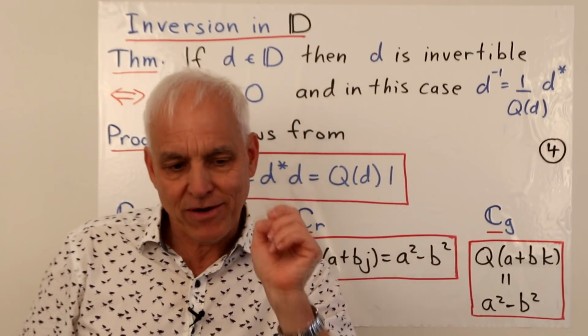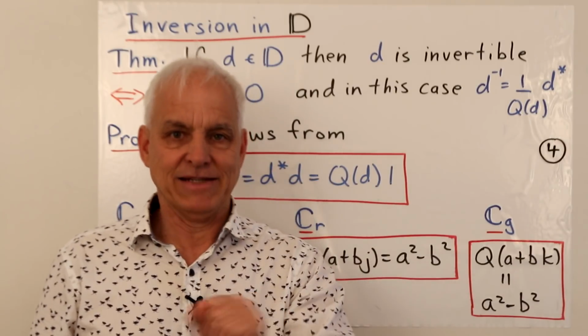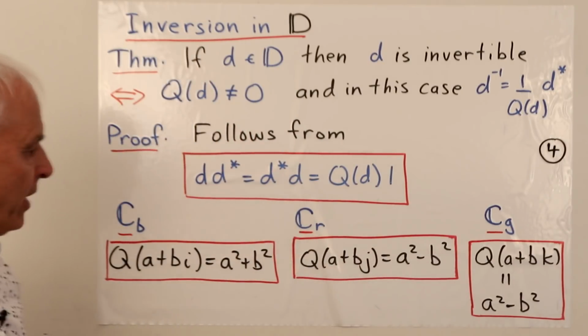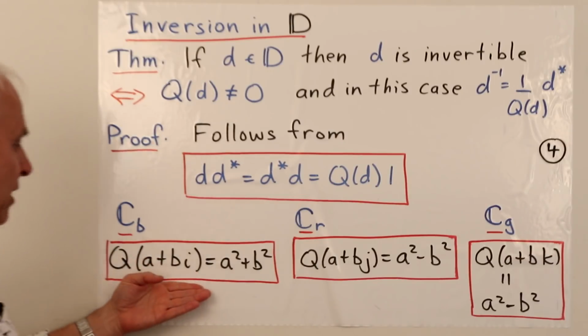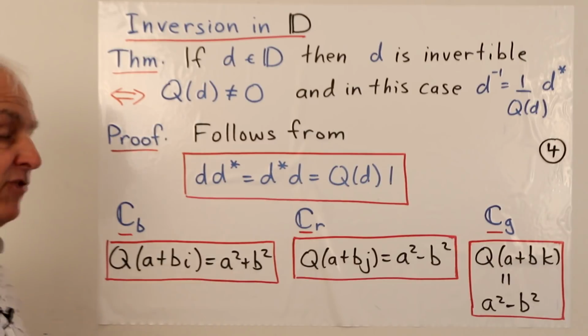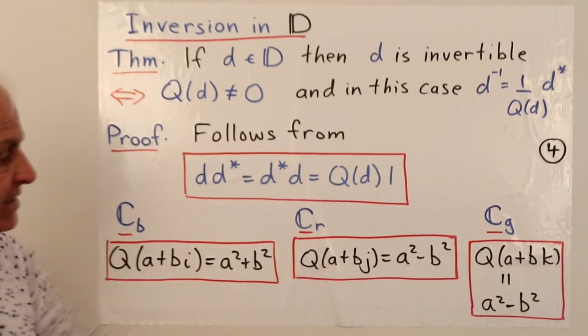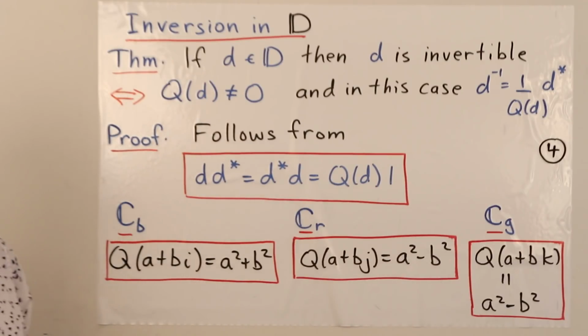So it's not critical that the thing be 0 or not. The critical thing is whether the quadrants of that thing is 0 or not. So what do these quadrants look like? Well, in the blue familiar situation, the quadrants of a plus bi is a squared plus b squared. In the red geometry, the quadrants of a plus bj is a squared minus b squared.